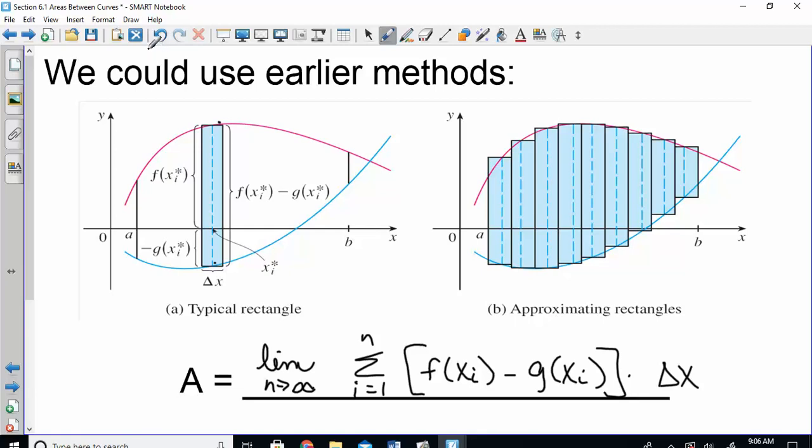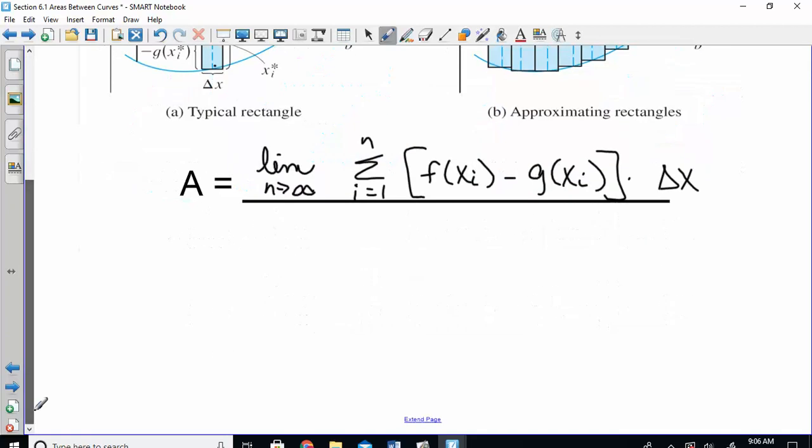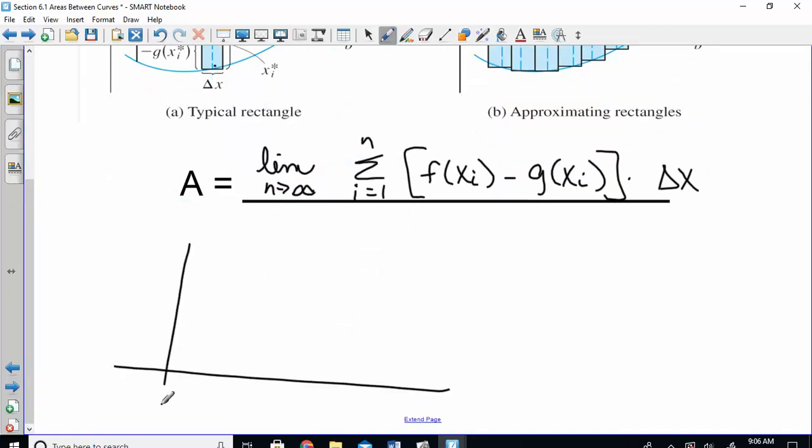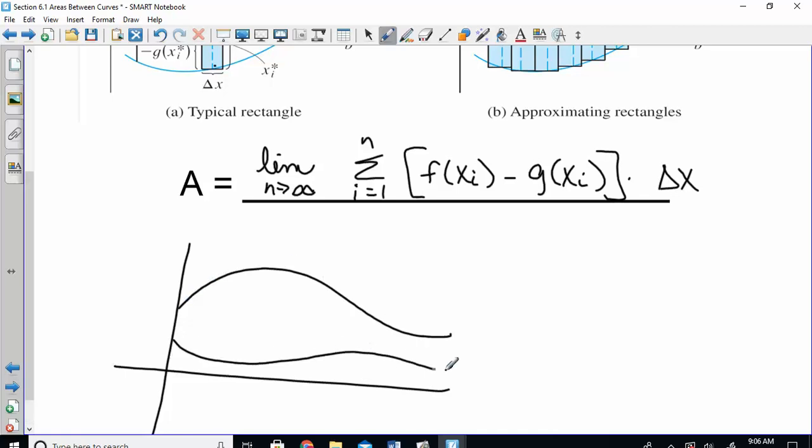And if we think about this, let's make it two curves above the x-axis for a second. I think that might be a little bit easier. So if I wanted the area between these curves, if you did the integral of the top one, you would get this entire thing, right?